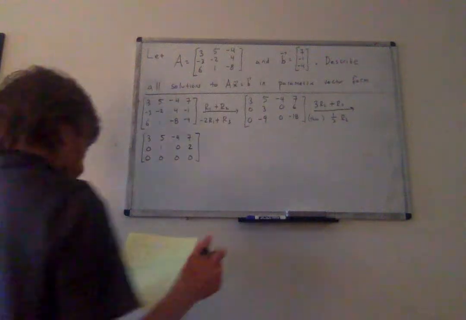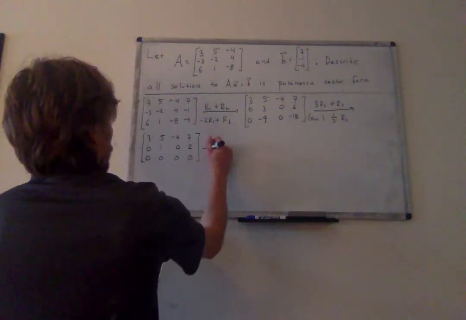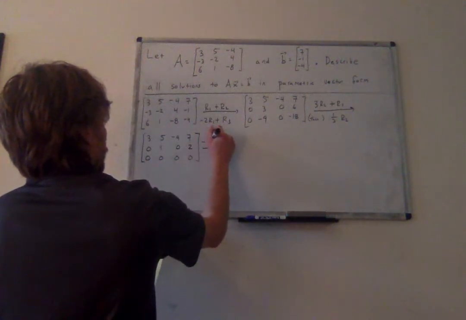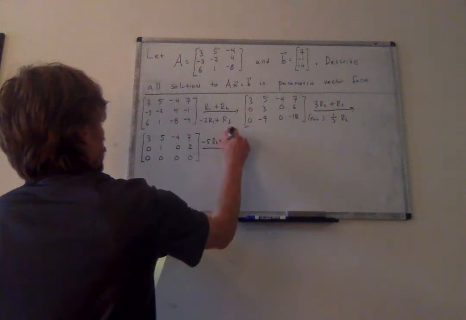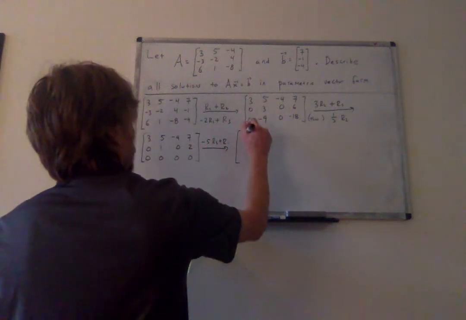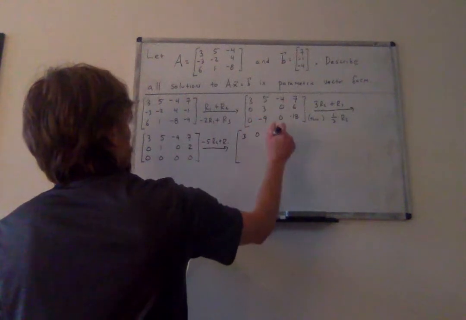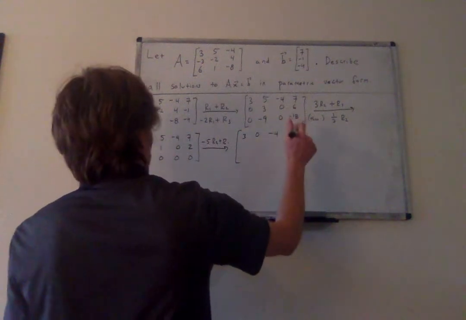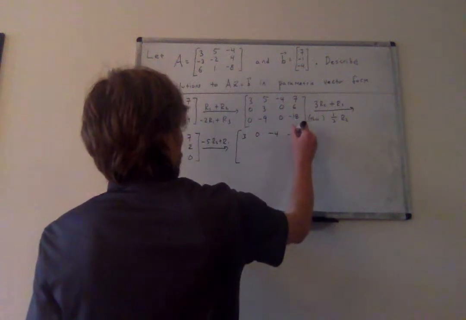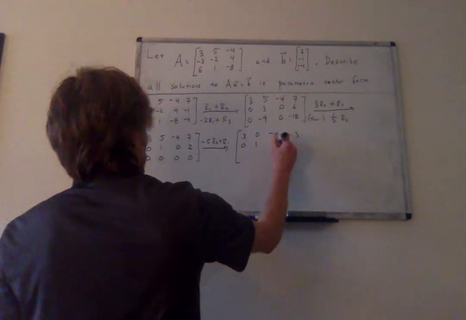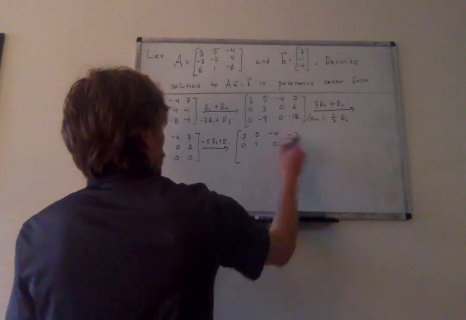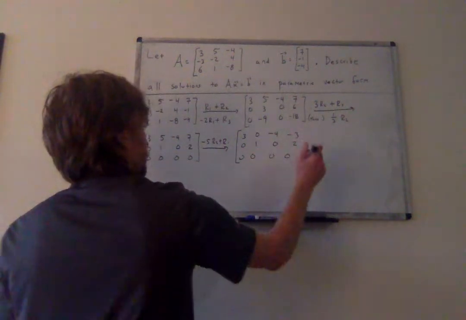And then all I have left to do after this, well, I'm going to do -5 row 2 plus row 1 and replace row 1. Oh, that shouldn't be 0, that should be 3, 0, -4, -3, 0, 1, 0, 2, and 0, 0, 0, 0.